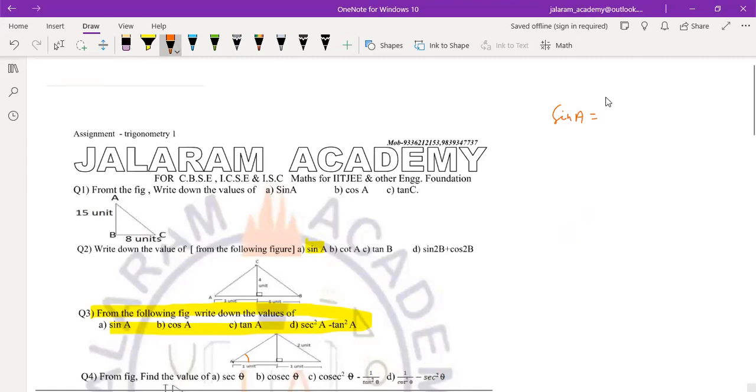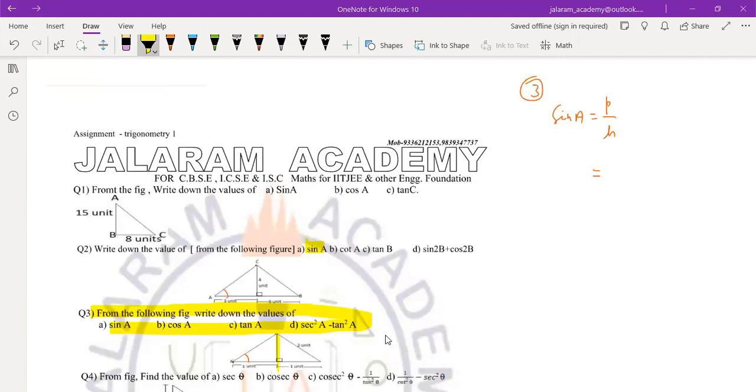Sine A equals perpendicular upon hypotenuse. This is angle A. So the value of the perpendicular is obtained by using this figure.